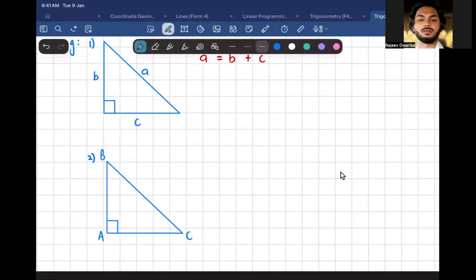You would interpret this as B to C, and B to C would be the hypotenuse. So I say BC squared, and take a guess as to what the others might be. BC squared is equal to AB squared plus AC squared.